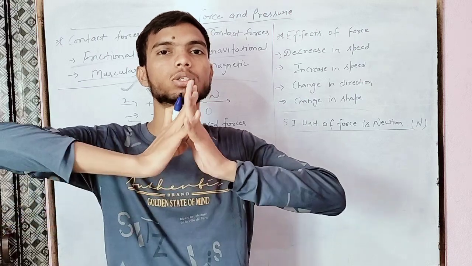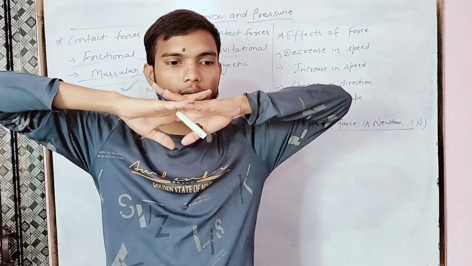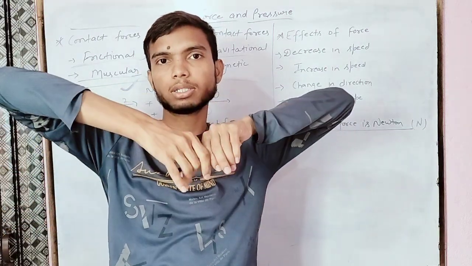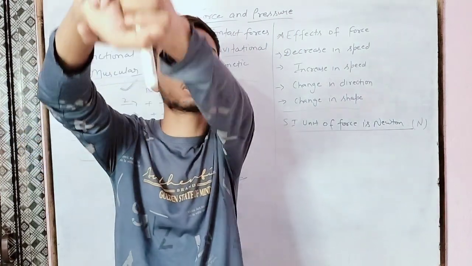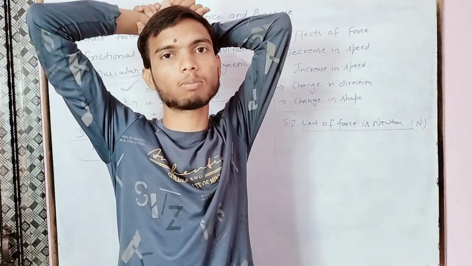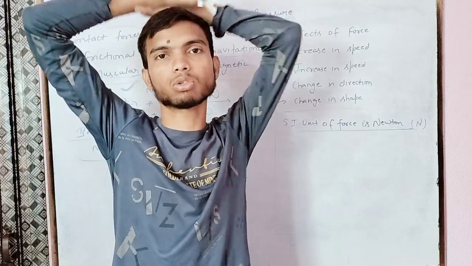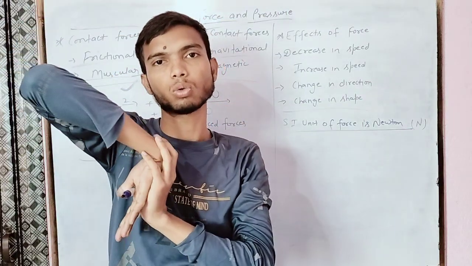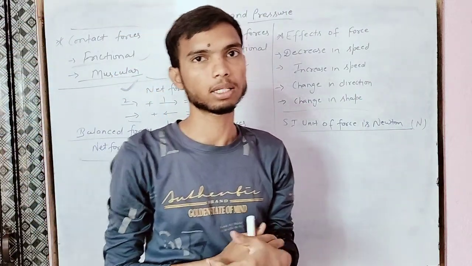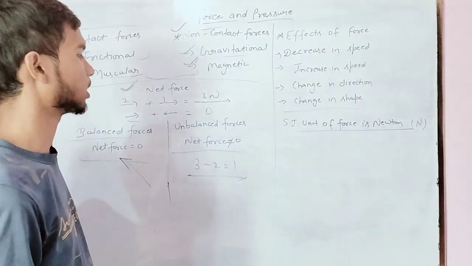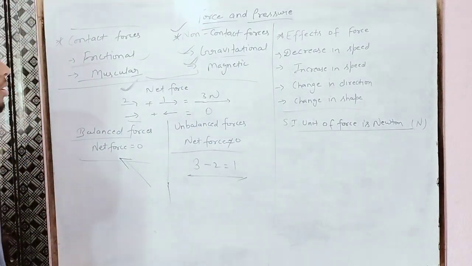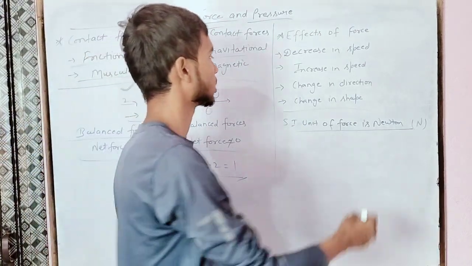So here 1 is more, so this object will be more powerful, because this object is applying 3 Newton and this object is applying 2 Newton. That's why. So that's how you will find the net force of any object.